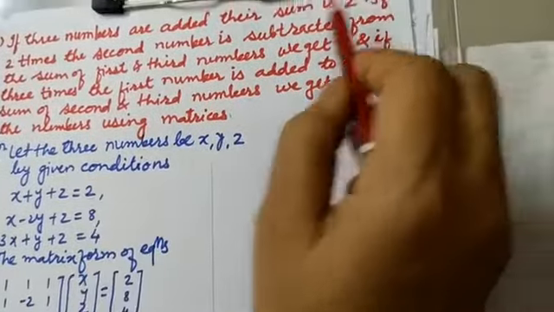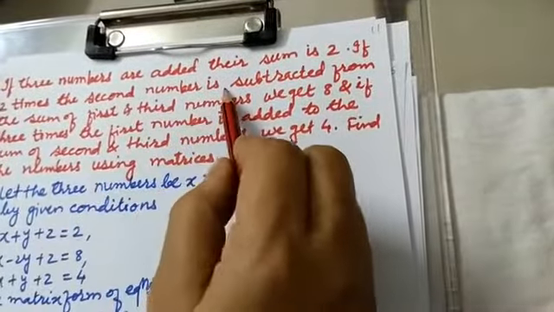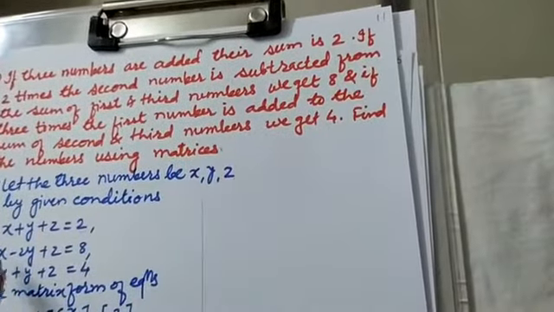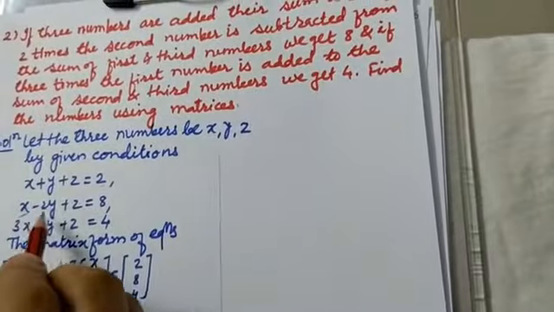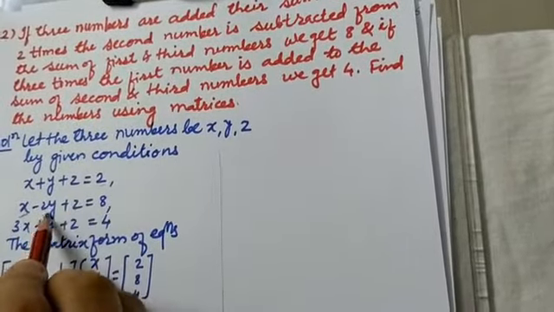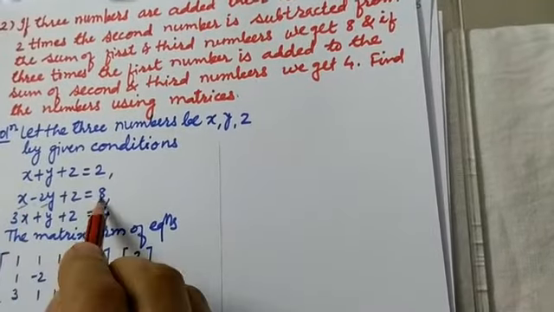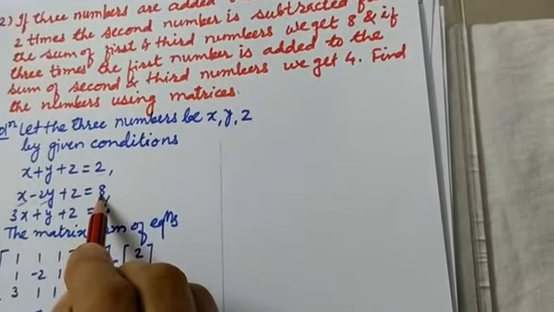Second condition: if 2 times the second number is subtracted from the sum of the first and third. The sum of the first and third means x and z, and 2 times the second number is subtracted, so it is a minus, and we get 8. This is the second condition.